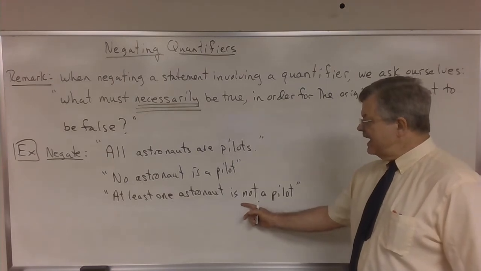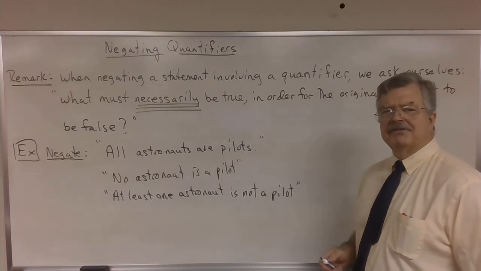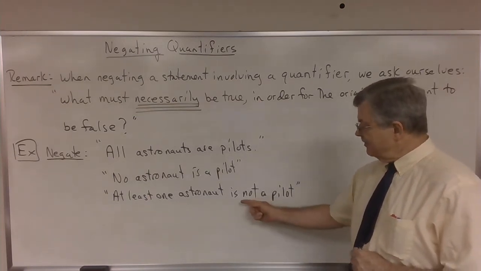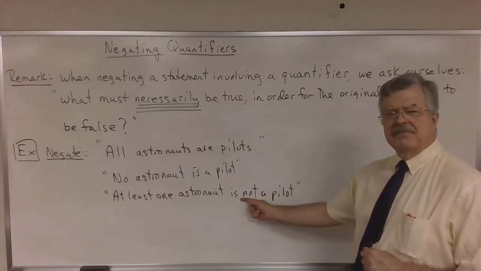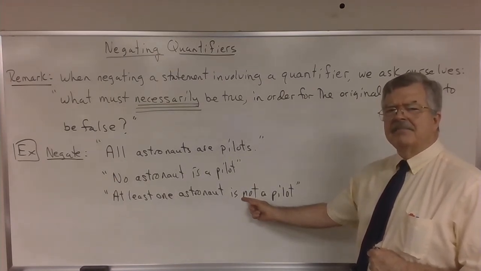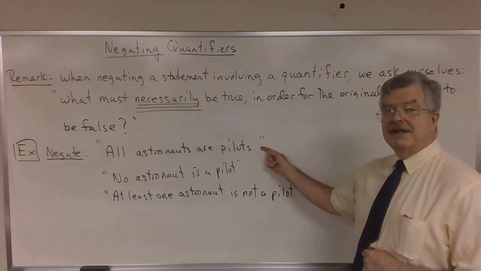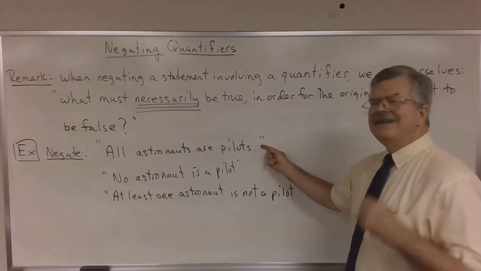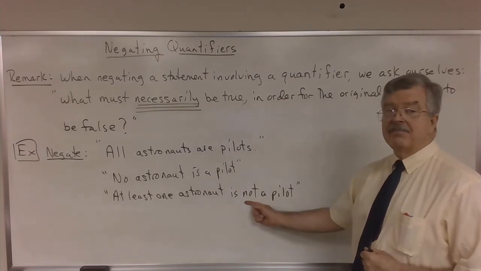If at least one astronaut is not a pilot, then the original statement is false. And think about this. If it's not true that at least one astronaut is not a pilot, then that means all astronauts are pilots, and this statement is true. So in order for the original statement to be false, it's necessary that at least one astronaut is not a pilot.